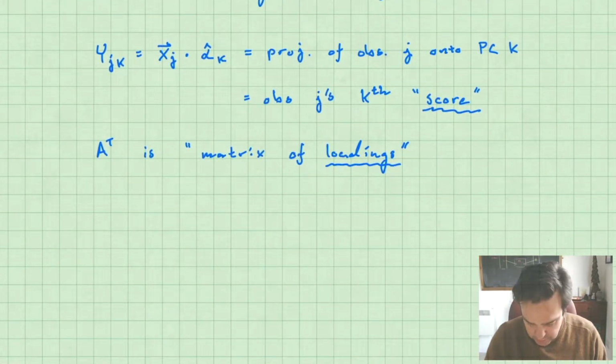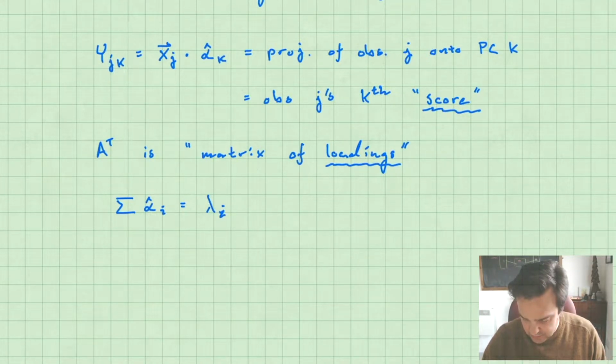So this is the statement that the alpha hats are eigenvectors and that our eigenvalues are lambdas. And the rule is if i is less than j, then eigenvalue lambda i is greater than eigenvalue lambda j.